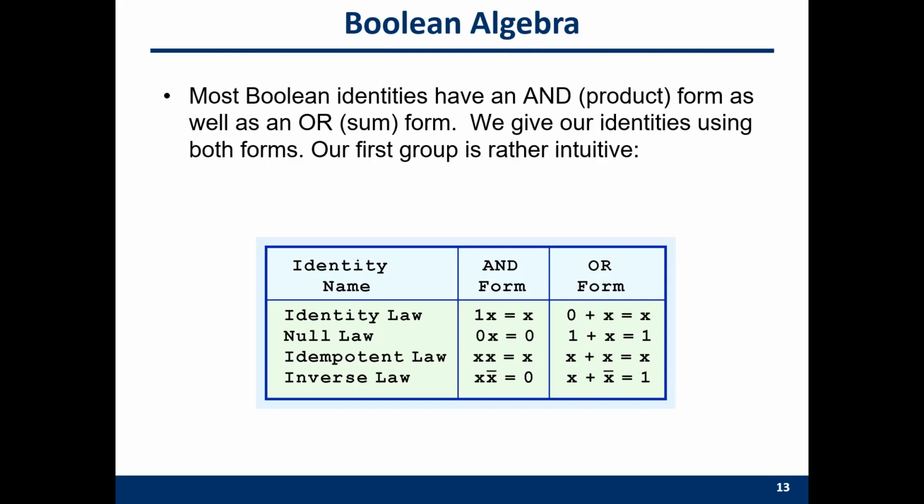It's very easy. You can just write a truth table. Because this is only one variable, you can write a truth table with 2 rows. And then you can write the value of x and the value of x bar, and then see what's the output for these 2 expressions.